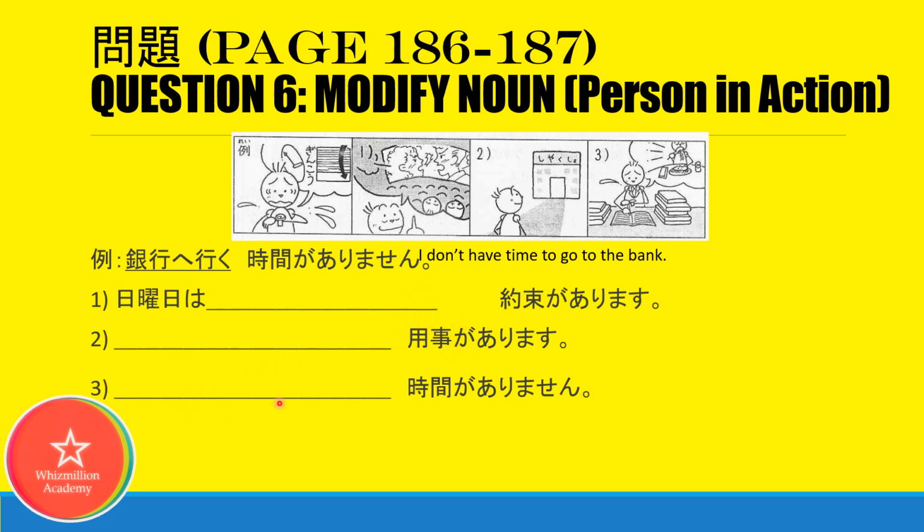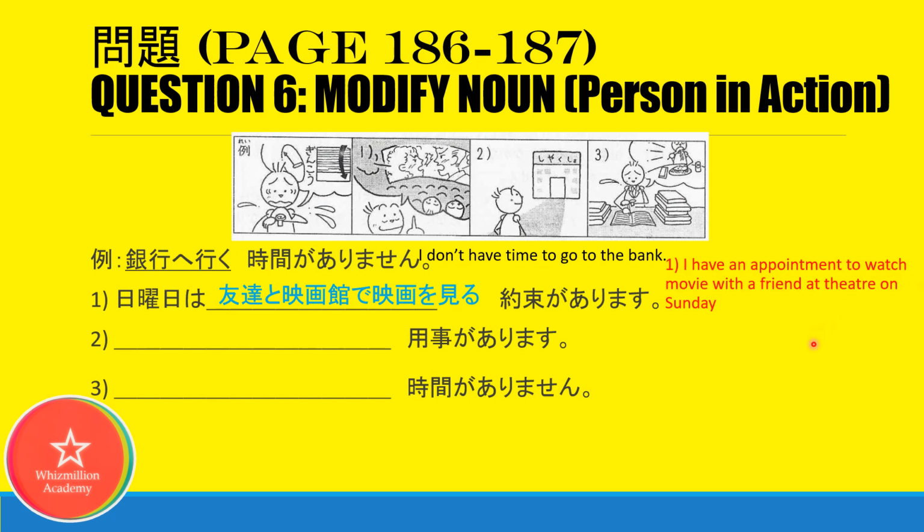Okay. Number 3, 時間がありません. I don't have time. I don't have time to do what? So over here there's an image of having a meal. So maybe he doesn't have time to have a meal. Right? Okay, so let's see the answers for question 1. 日曜日は友達と映画館で映画を見る約束があります. Aha!